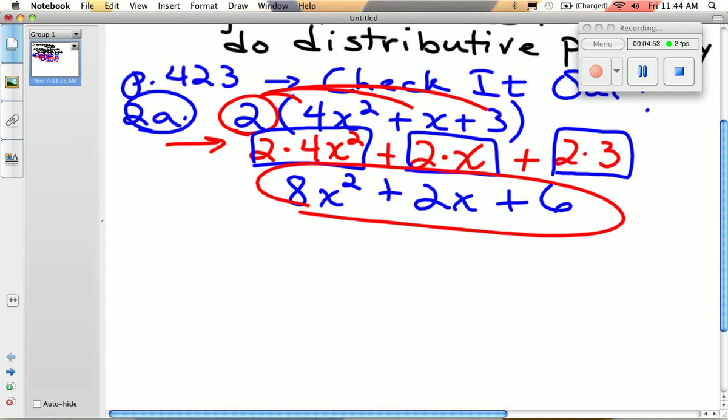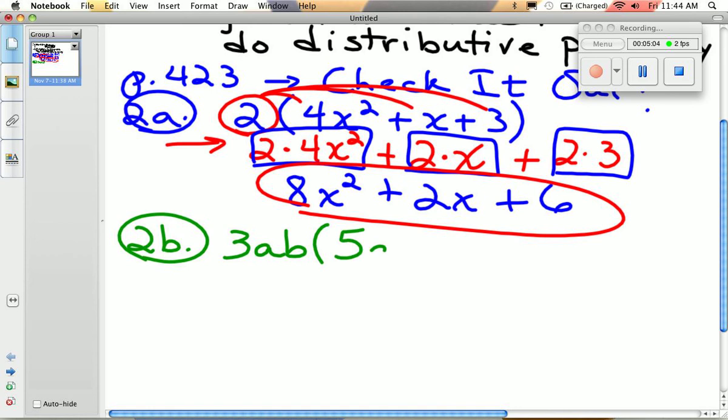Okay, so let's do 2b. We have 3ab as our monomial, and that is going to get multiplied times the 5a squared plus b. This one might be worth not skipping that multiplication step.